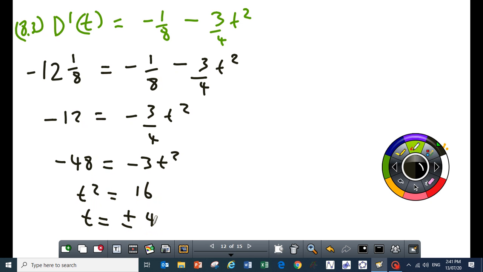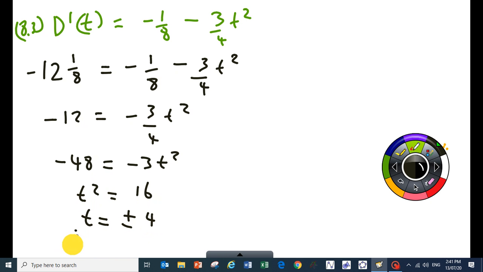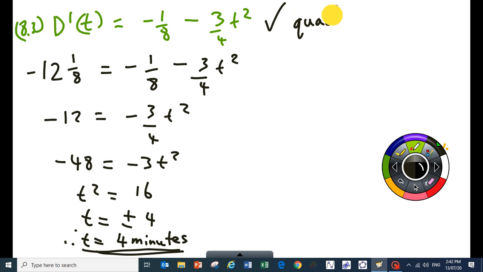Okay? Now, because time cannot be negative, it's a scalar quantity, therefore t will be equal to 4 minutes. Okay, then you are done. Remember, that's a quadratic function. It's like your equations of motion.